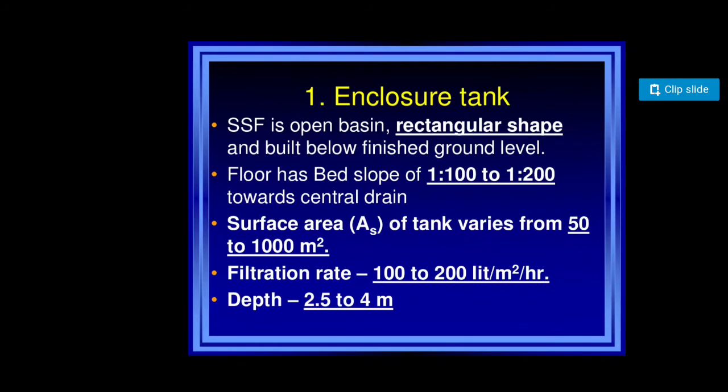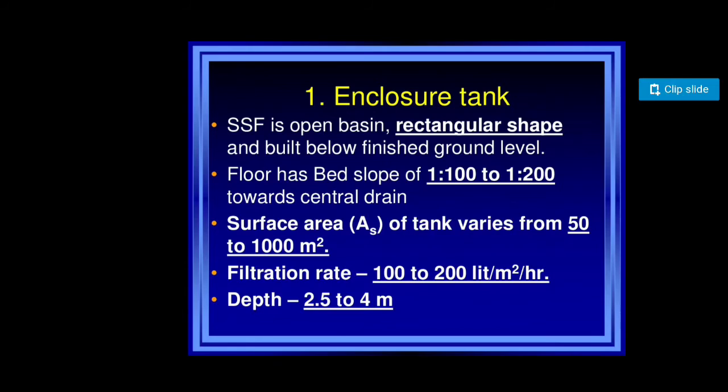So we'll have the maximum daily demand, and as I have told you, the depth will remain between 2.5 to 4 meter. So depth is basically assumed between 2.5 to 4 meter. We have the value of discharge, right?